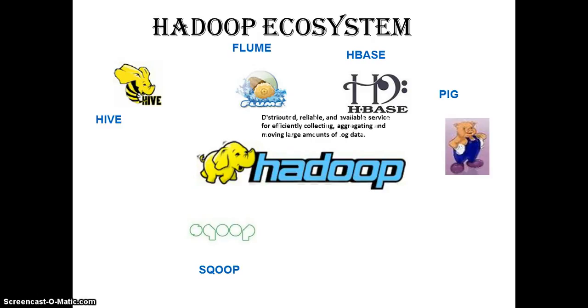Flume. Flume is a distributed, reliable, and available service for efficiently collecting, aggregating, and moving large amounts of data to Hadoop. It can be configured with various sources like web sources and Avro sources.